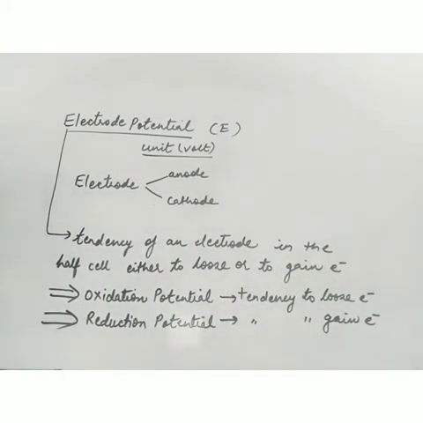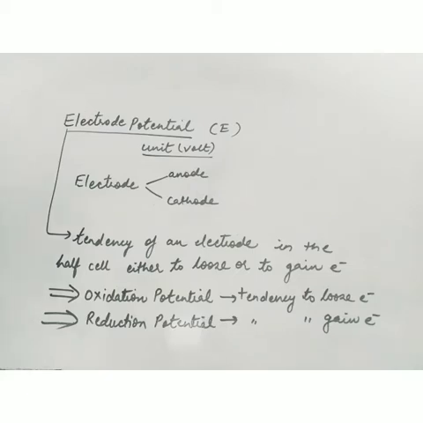So if the element has tendency to get oxidized, that is, it has tendency to lose electron, we'll calculate its oxidation potential. For example, zinc, we calculate oxidation potential for zinc, and likewise if the element has tendency to get reduced, that is gain electron, we calculate reduction potential for that element. So oxidation potential and reduction potential, there are two types of electrode potential.